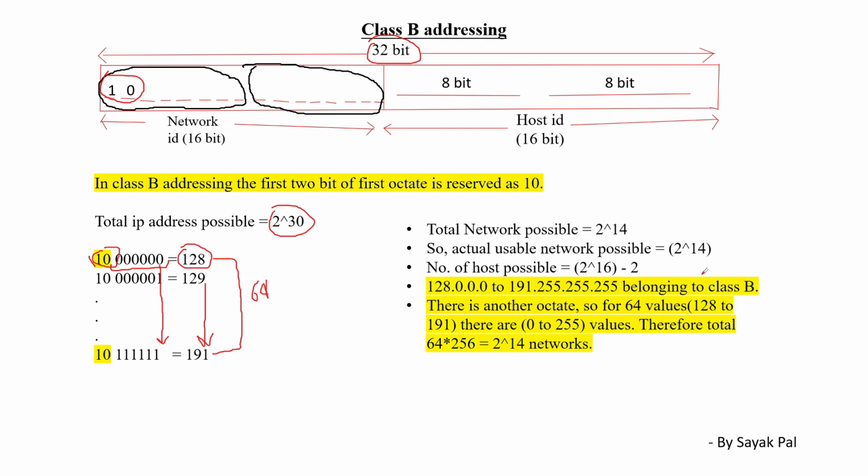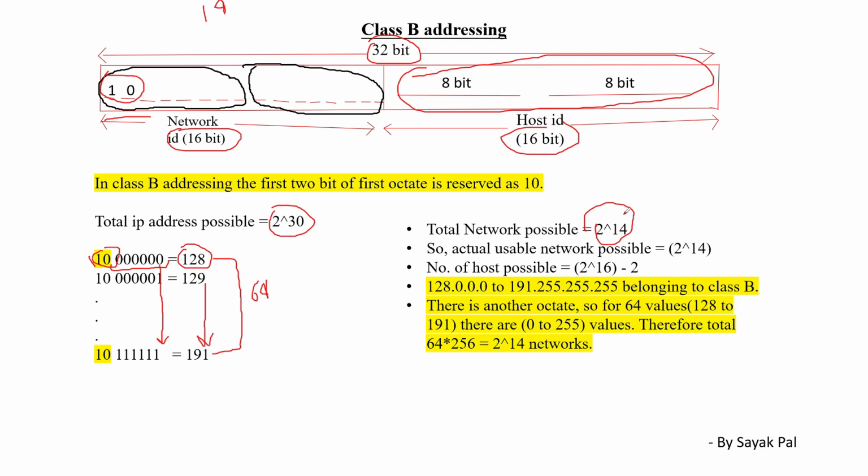So how many networks are possible for class B? For class B, 2 to the power 14 networks are possible. Why? Because here the network ID is 16 bits reserved, and for host ID these 16 bits are reserved. Out of the network ID part, 2 bits are reserved as 10, so the remaining 14 bits can be arranged.